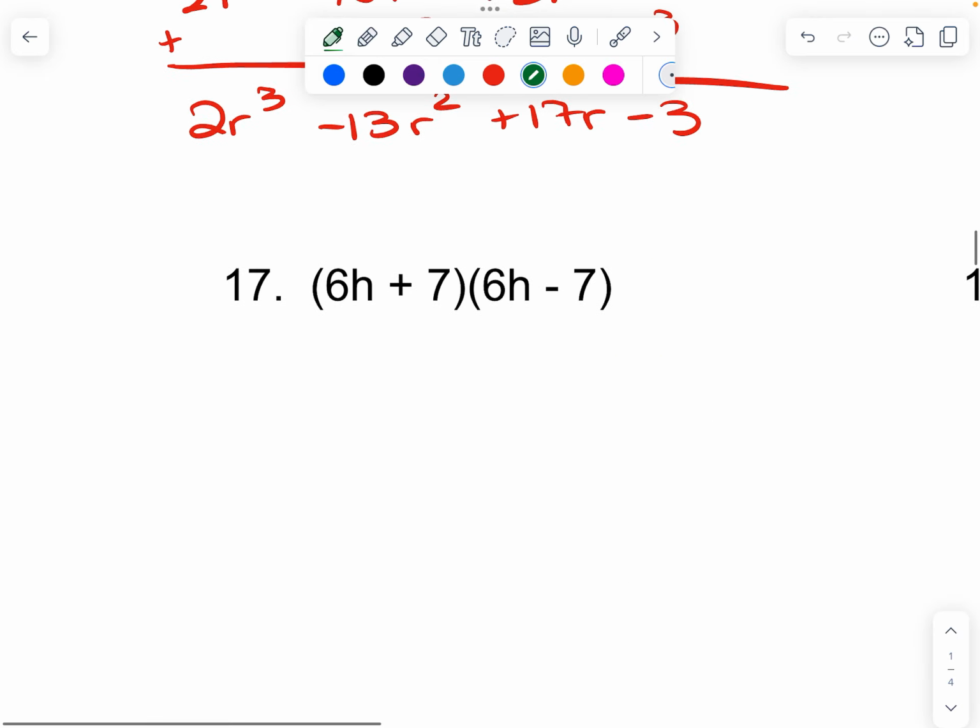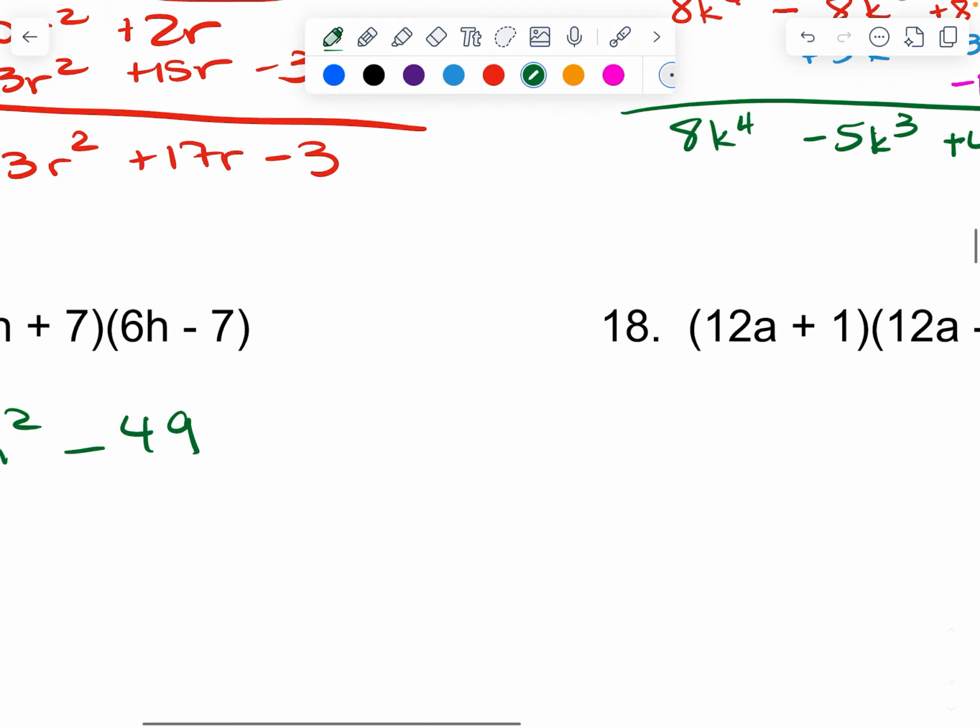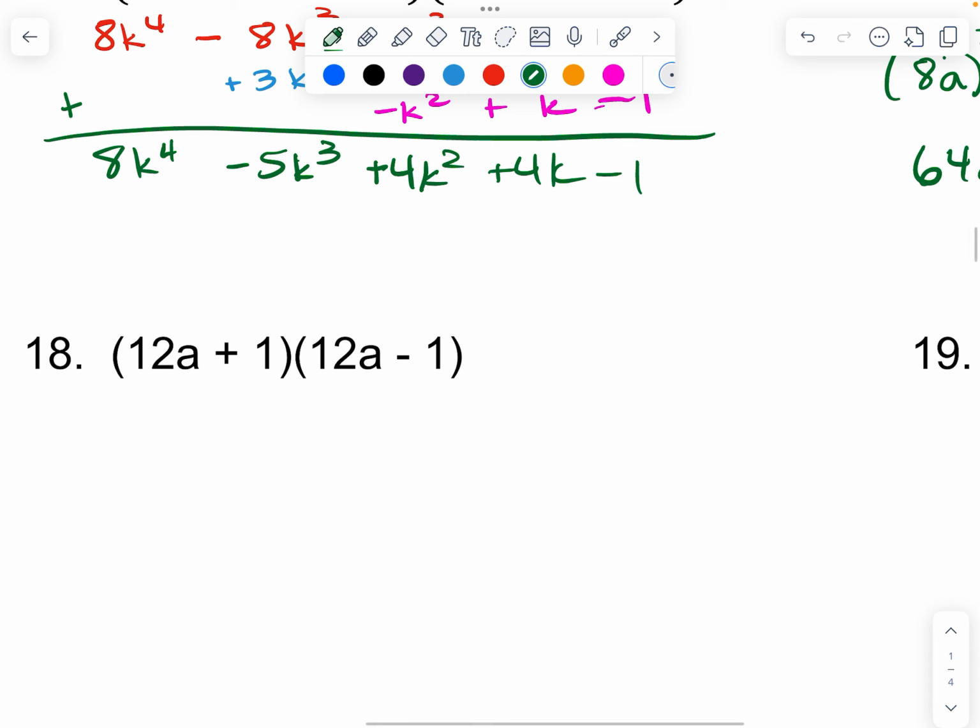Okay, this one, difference of two squares, so I get 36h squared. I get 49 and a minus sign in between. This one, difference of two squares, so 144a squared. 1 squared is 1 and a minus sign in between.